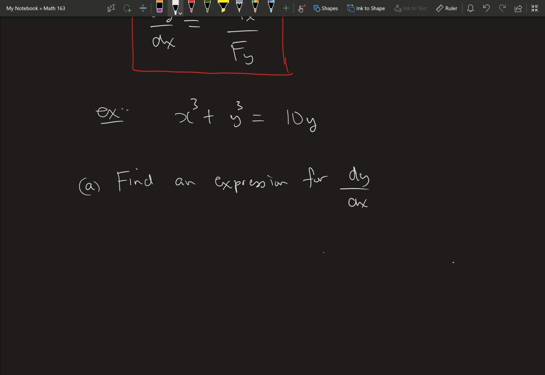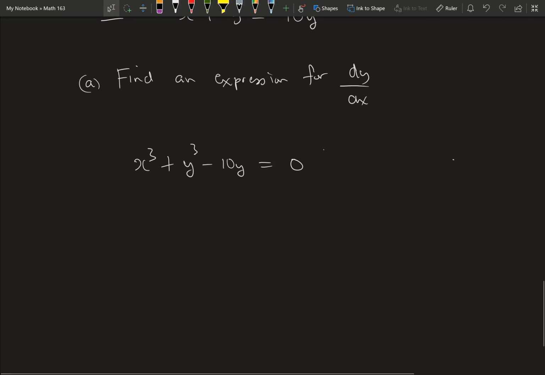So first off, how do we convert this into a problem where we have a capital F of xy? Well, notice that this is just x cubed plus y cubed minus 10y is equal to 0. So what do we have then?